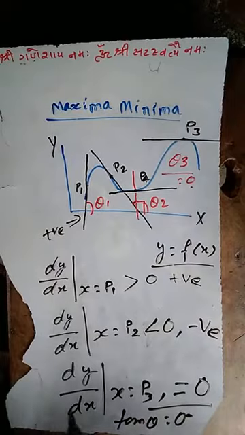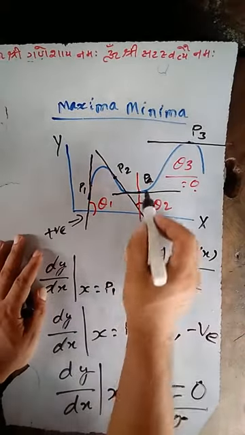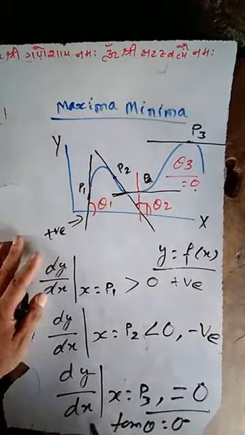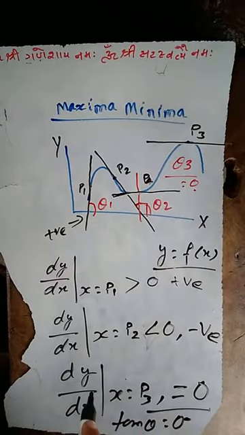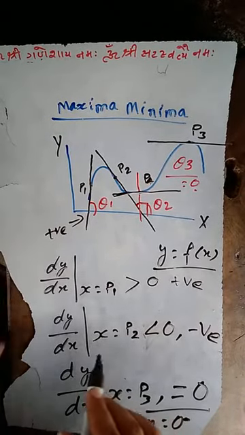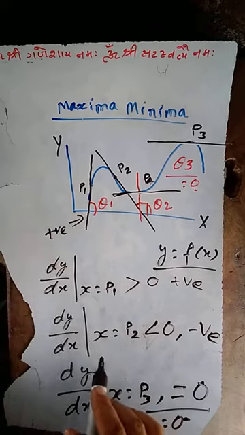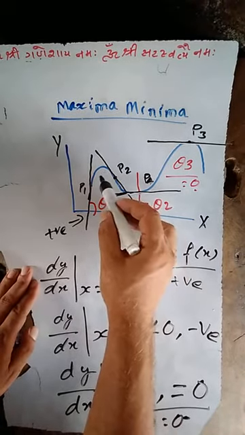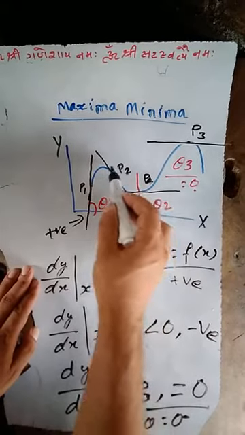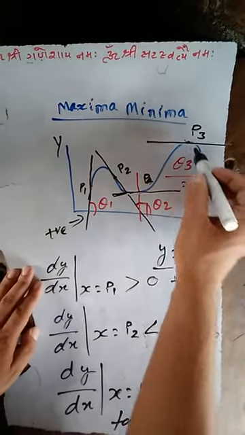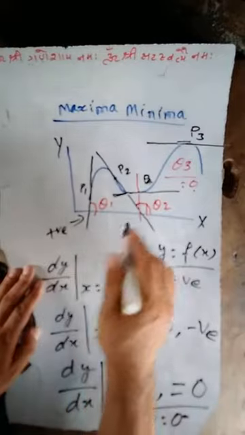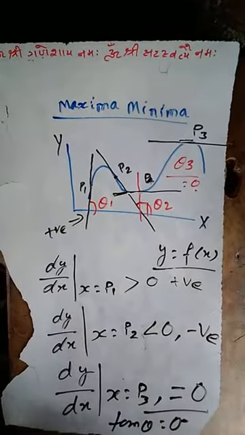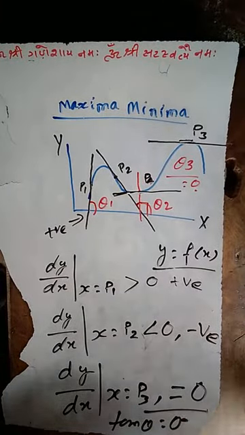At this point, if we draw in the graph, we see that this value is maximum and this value is minimum. For that we draw another graph.